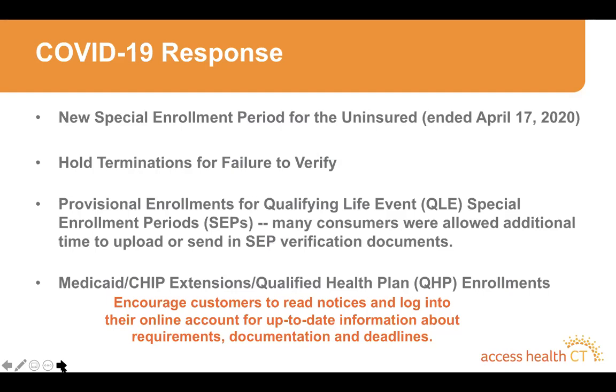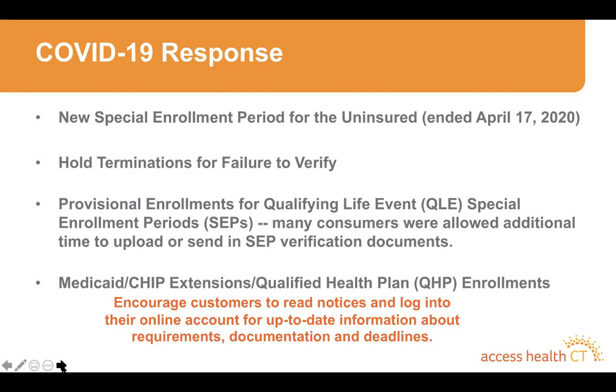There is a segment of the population that was given 45 days instead of 30 days to verify their qualifying life event. If they are among those who have the extra time, they would have received a notice stating that. Medicaid CHIP extensions, qualified health plan enrollments.